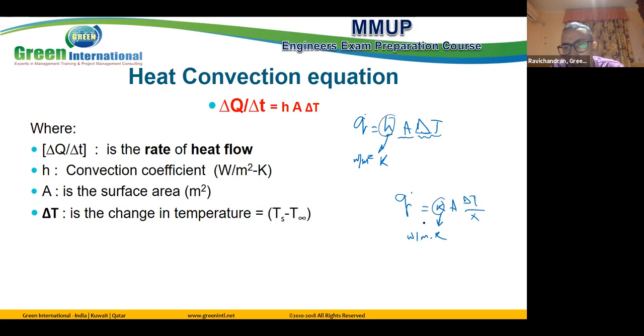Why do I write it here in detail like this? Because we have a question on units related to k or h. Delta T here is Ts minus T infinity. Normally Ts refers to the surface, and infinity refers to the other gas or fluid movement above the surface. It's called T infinity, which is the moving one.